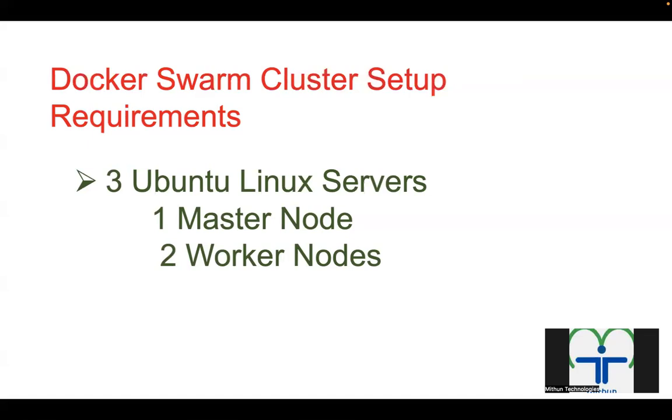One we are going to use as a master node and two as worker nodes. Then you have to install Docker. Without installing Docker, we are not able to set up this Docker Swarm cluster, right.